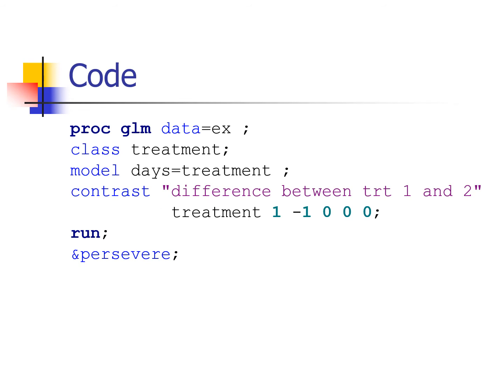The contrast statement works like this. You write out contrast. You can put a title on your contrast. That's why I did it in purple. It's not required, but particularly if you're doing more than one contrast, it's useful.